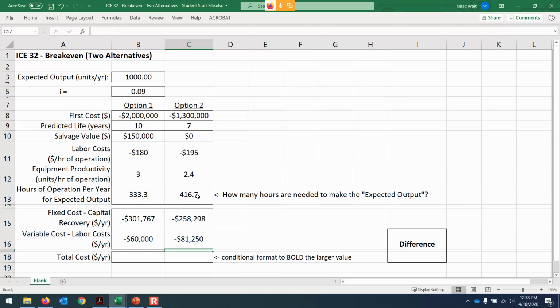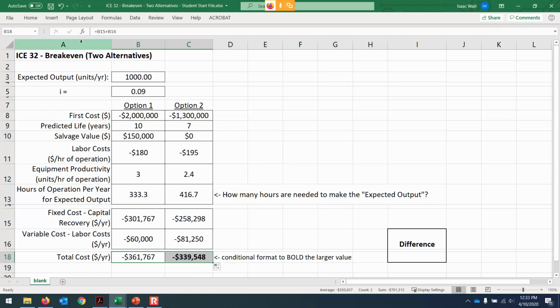The total costs are the combination of the two, our fixed and variable. So the question is, of the two, which option should be selected?